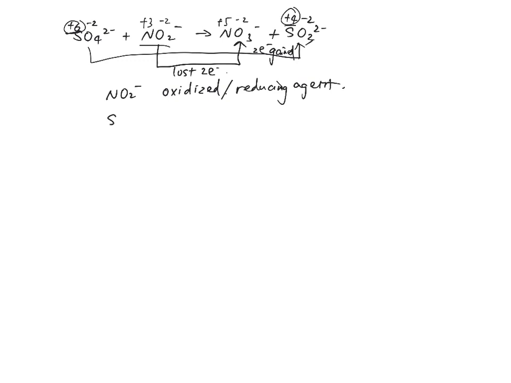Okay, and your SO4 2- is being reduced, and of course it's your oxidizing agent. Okay, so being able to look at a chemical formula in a redox reaction, then assign oxidation state on all the elements is a very important step if you want to determine what every chemical compound's role, okay, what every reactant's role in a given redox reaction.